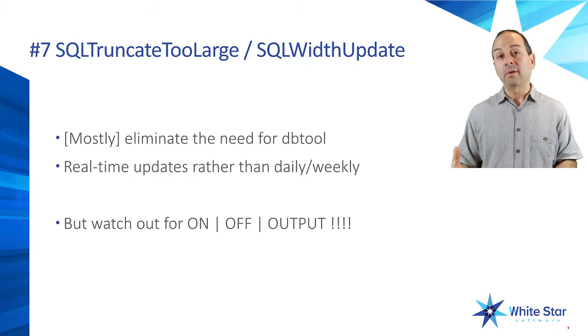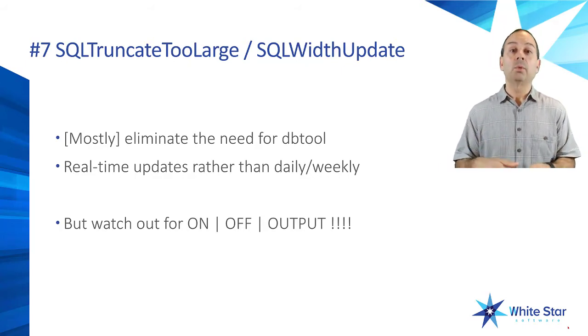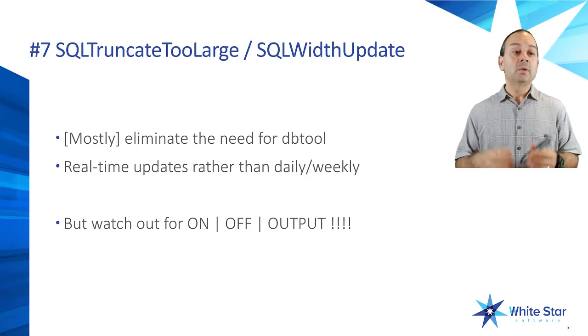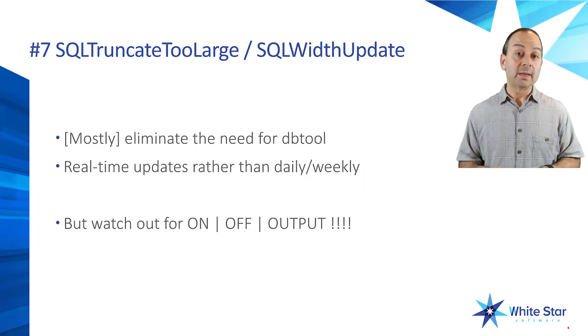And traditionally how we fix that is we run dbtool. dbtool fixes the SQL width. We run that every night, every week. And occasionally we come across the error and we just deal with it. So now with SQLTruncateTooLarge and with SQLWidthUpdate, that all gets fixed automatically.